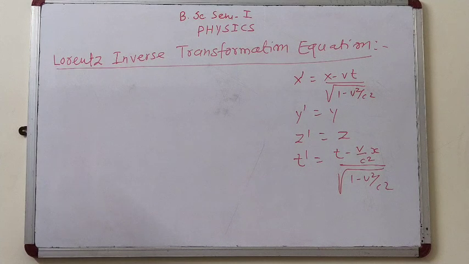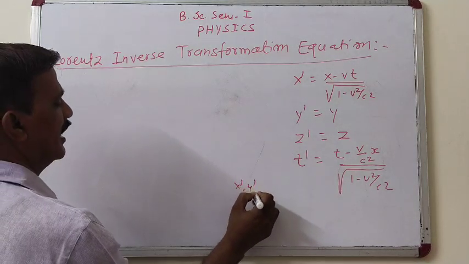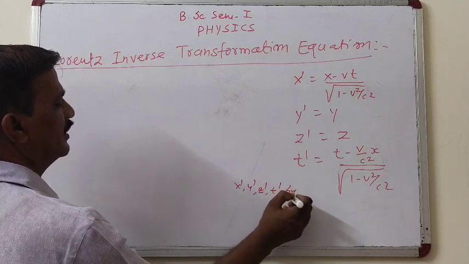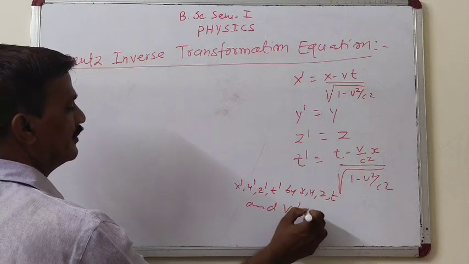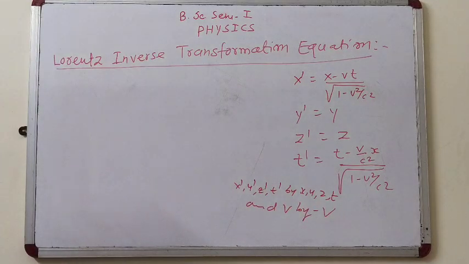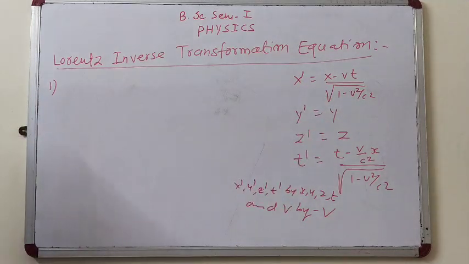We obtain the Lorentz inverse transformation equations by using the Lorentz transformation equations. We replace x', y', z', t' by x, y, z, t and v by minus v, and we get the Lorentz inverse transformation equations. For the first equation, we replace x' by x and t' by t, and minus v by plus v.